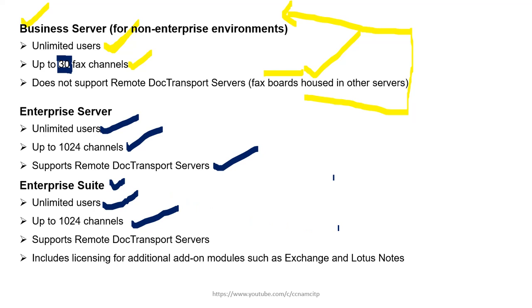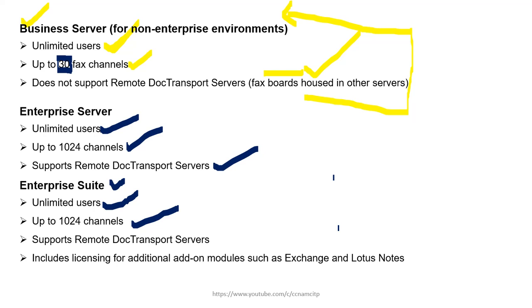So again, it comes down to you, whether you are an IT person or a responsible person, a decision maker, or whatever the situation is for you. You should have a clear idea about all the flavors of fax server available. So one is business server, the next one is enterprise server, and the third one is enterprise suite.